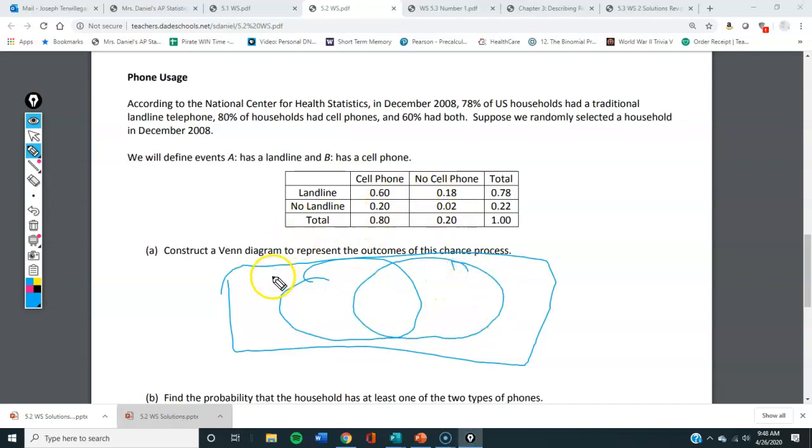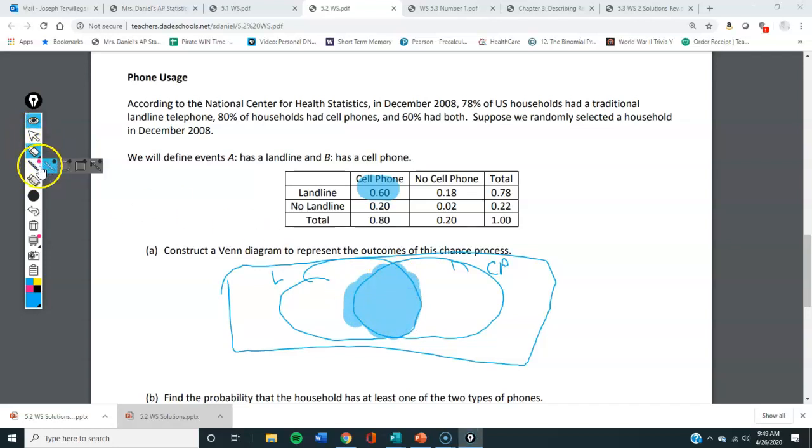So we're making a Venn diagram between landline, cell phone. Right? Now, this first box. Who has a landline and a cell phone? So that's going to be this box right here, right?